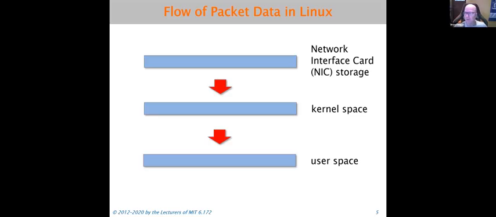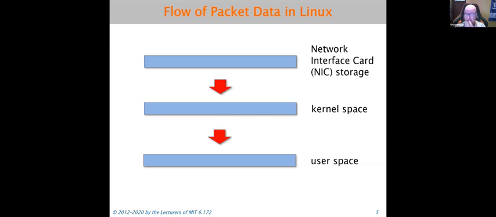And the standard way that this is done in Linux is that the data is first copied from storage on the network interface card into kernel space. That's a special area of memory that is reserved for the operating system. And then from there, your program can copy it into user space and read the data. And if you need to go the other way, the opposite copies have to take place. And it's natural to hope that you could somehow avoid doing all this copying.